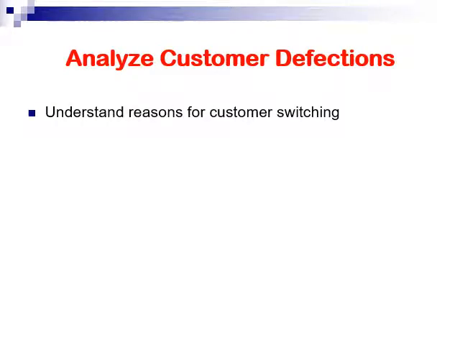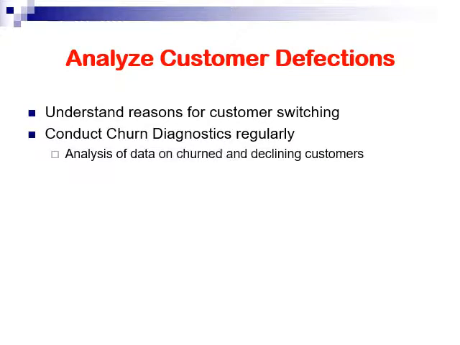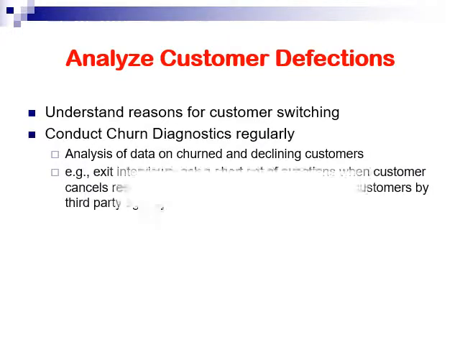So understanding reasons for customer switching is the first step in reducing customer defection. So you have to conduct churn diagnostic regularly. You have to analyze data about customer defection, why they are leaving, what's the reason for customer defection. Analyze data on a regular basis.